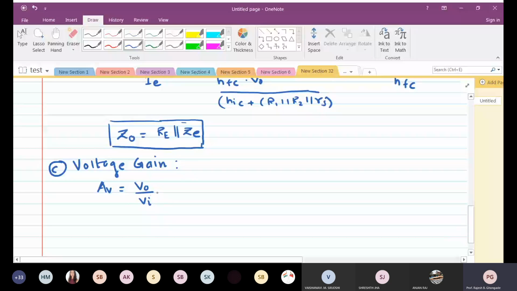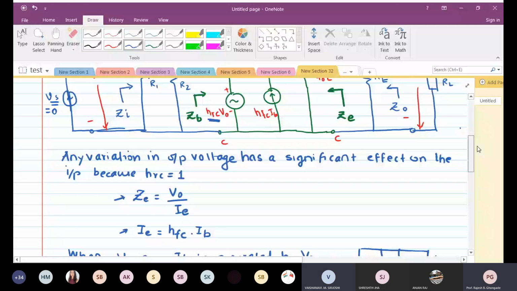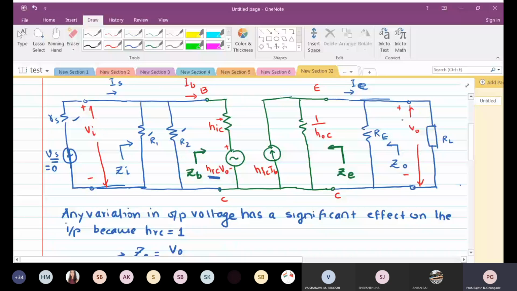Now what is the value for output voltage? How is the output voltage generated? See here. This current IE flows into a parallel combination of RE and RL. Simple Ohm's law, isn't it?